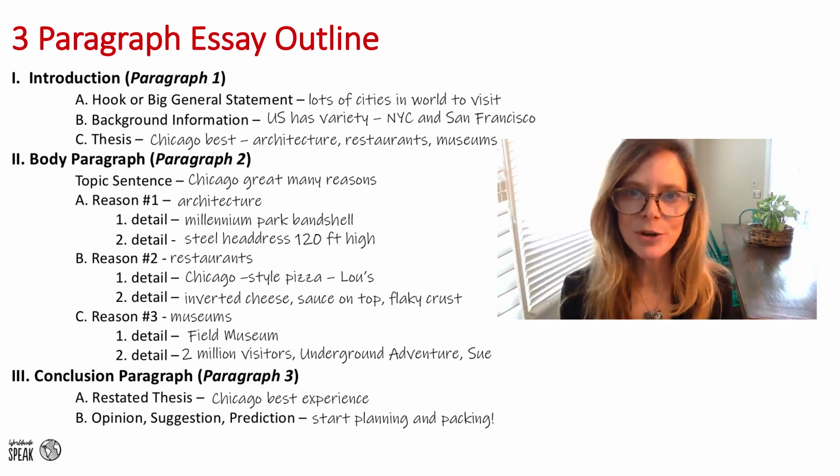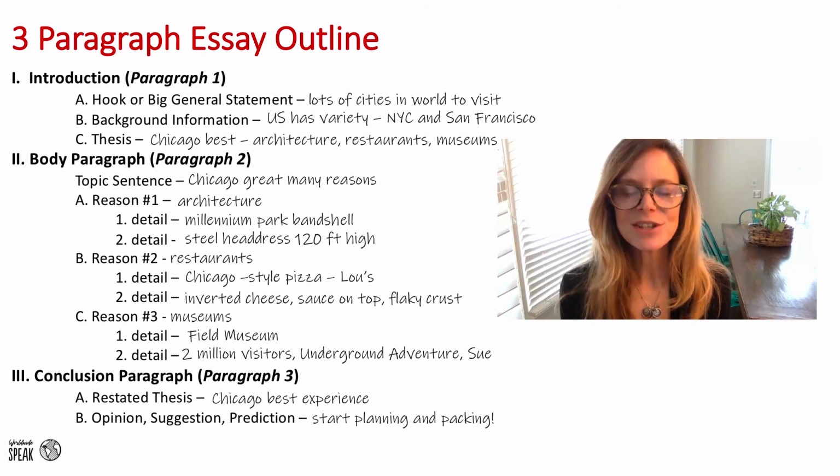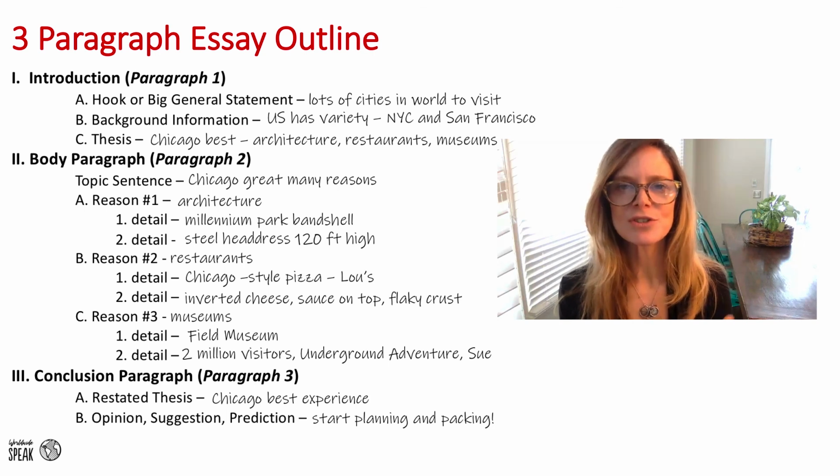And when you lose focus, your writing is not clear or effective. The outline guarantees that you're going to be clear and effective because you can see exactly where you're going in your paper. And it also lets you know just about how many sentences you need to write for your essay, if that helps you. I find it helps my students who are just beginning to write in English.